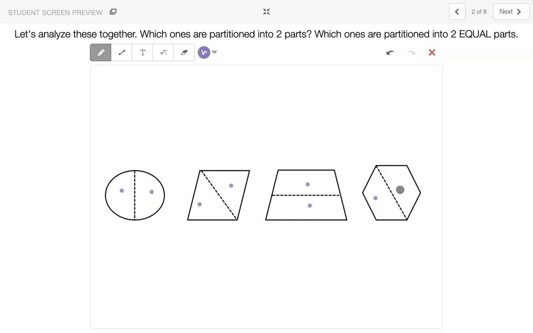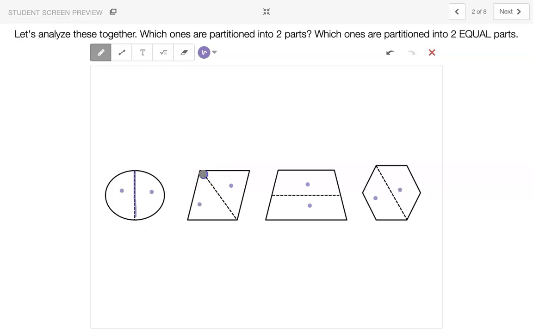of paper, and actually look at them very closely. If I folded here on this line, those 2 half circles would fit on each other. So I know they are 2 equal parts.